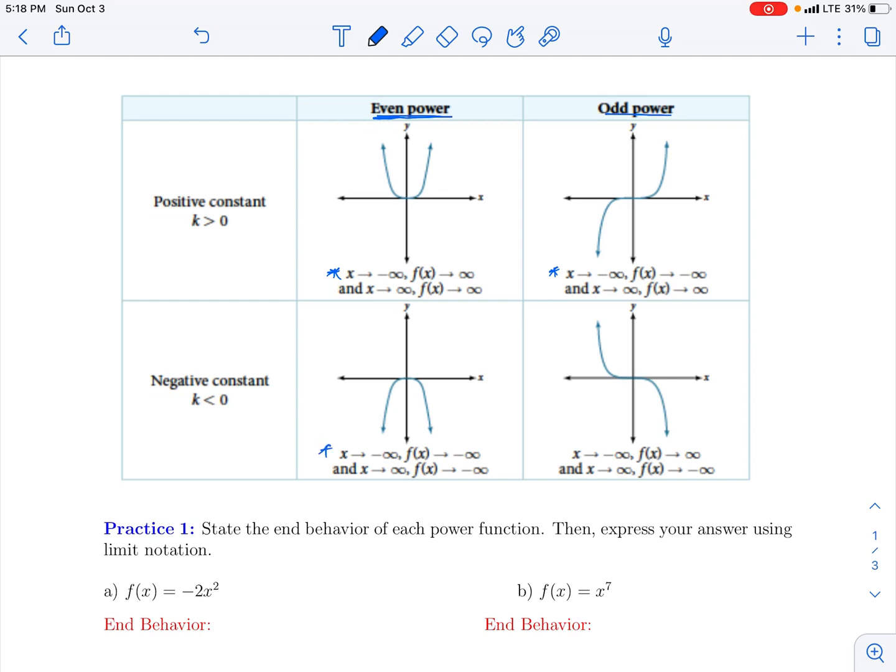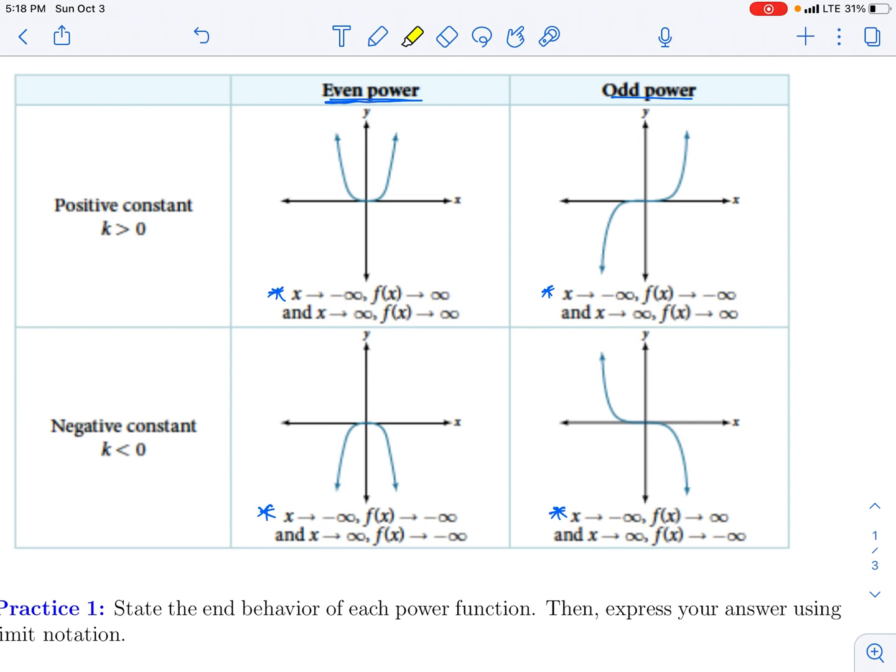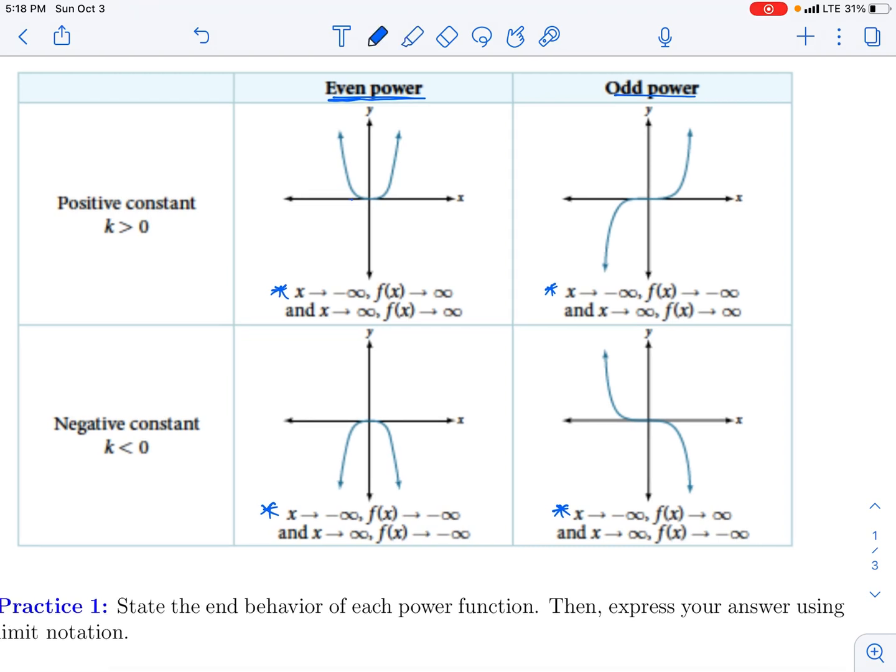These will help you figure out the end behavior, and I'll show you what's happening if you're not familiar with this at all. As x goes to negative infinity, for the even power case when k is bigger than 0, the x values are getting more and more negative, going towards the left, and the function just keeps going upwards towards positive infinity.